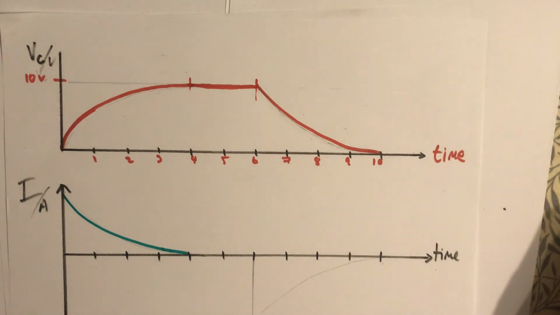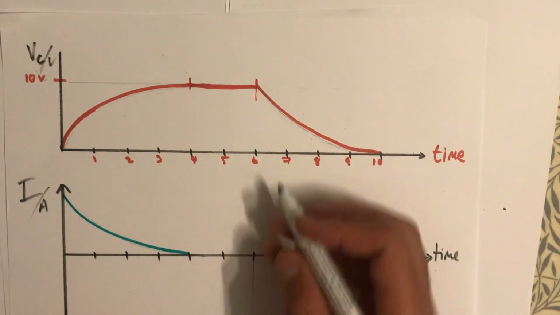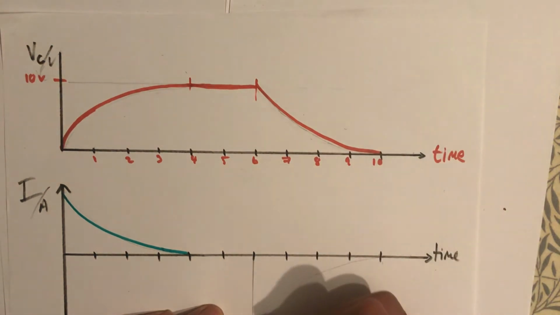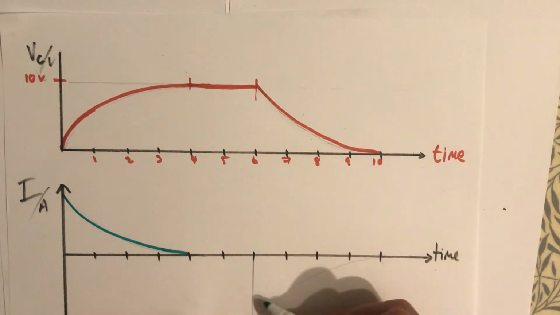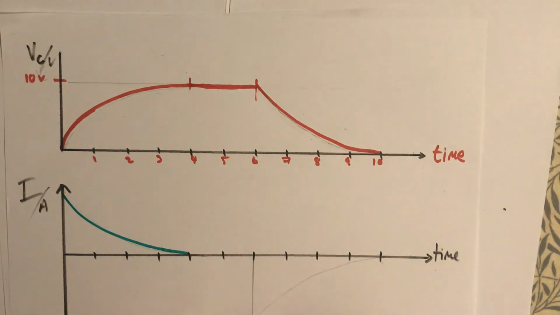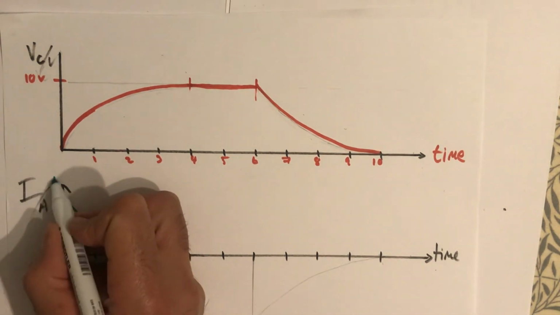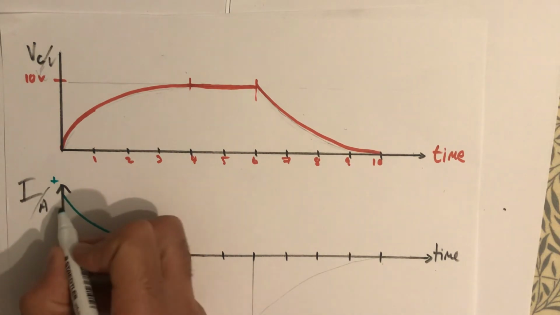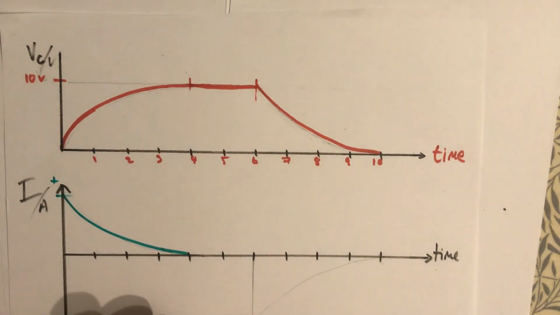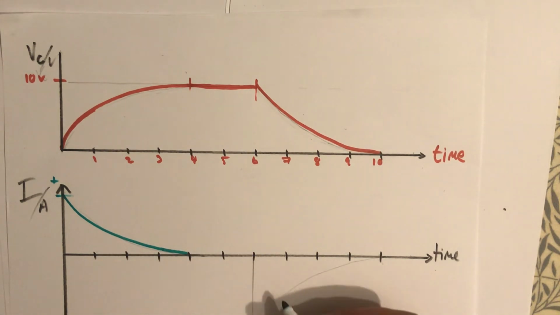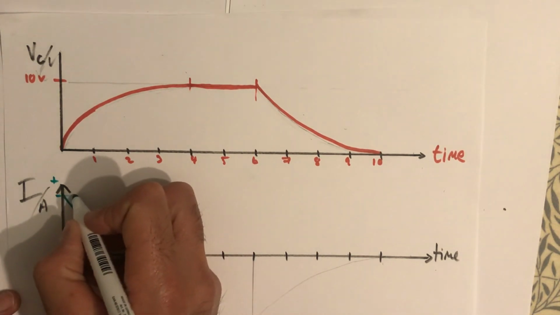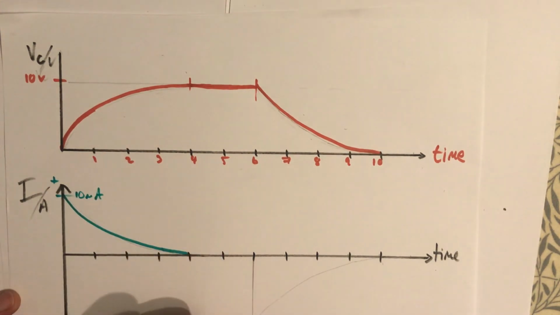So as I go along, at the time we switch it, the current reverses, and because the resistance is the same and the voltage is the same, the current will reach the same height on the negative scale. So I've got my positive current, negative current, and whatever this value was, this is exactly the opposite value. So let's say if this was 10 milliamps, then this is minus 10 milliamps.